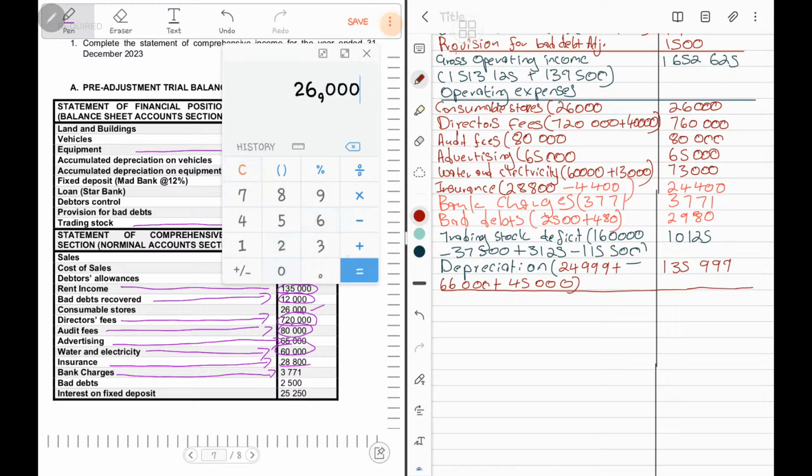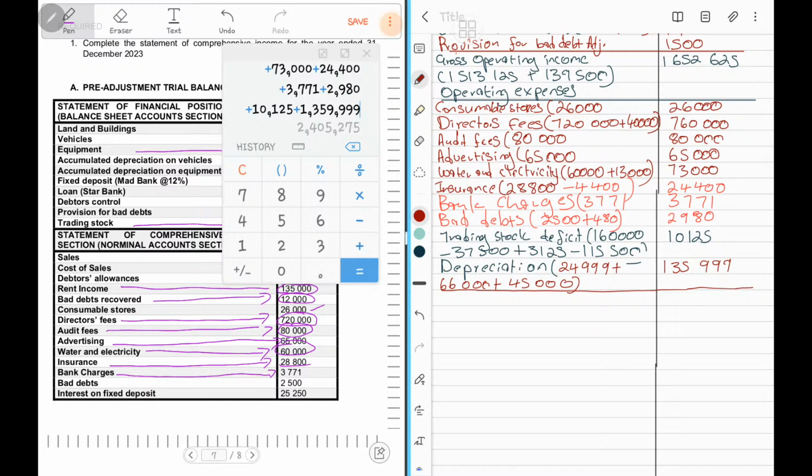So it's 26,000 plus 760,000 plus 80,000 plus 65,000 plus 73,000 plus 24,400 plus 3,771 plus 2,980 plus 10,125 plus 135,999.